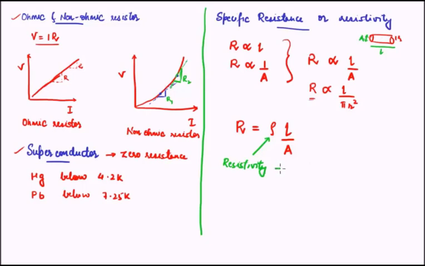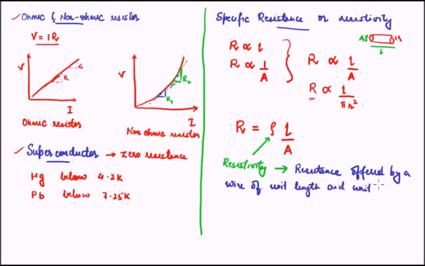So formally we can define resistivity as the resistance offered by a wire of unit length and unit area of cross section, isn't it?